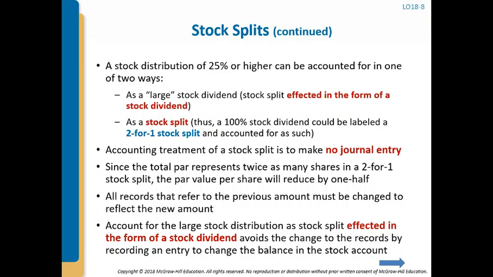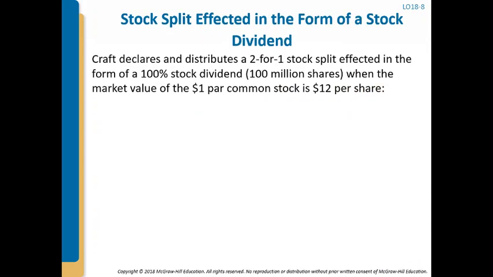So here, the accounting treatment of a stock split is to make no journal entry. Probably should be that way for a treasury or a stock dividend, but for some reason they treat it differently. So all you would do is the par value would be reduced by 1/2 is all you would do.